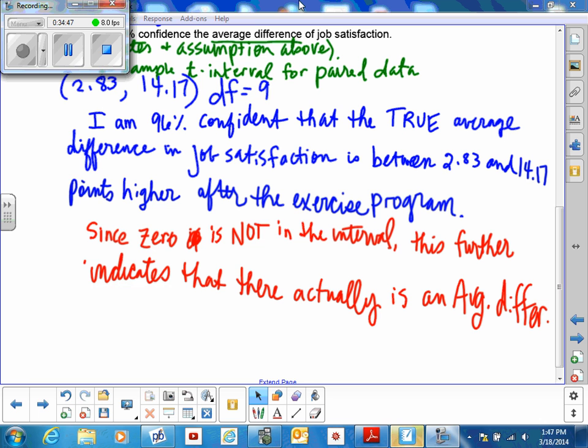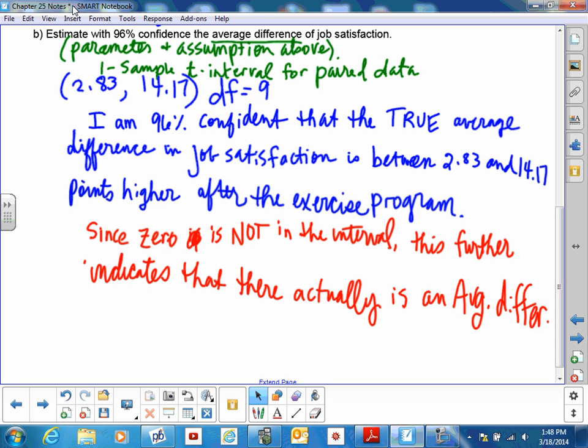Okay, here we go. Ready? I am 96% confident that the true average difference in job satisfaction for all such employees is between 2.83 and 14.17 points higher after the exercise program.